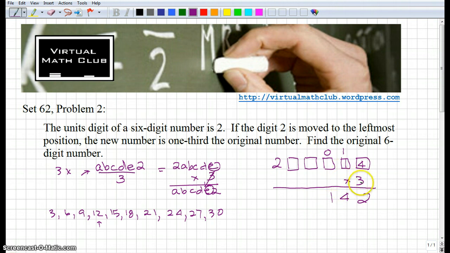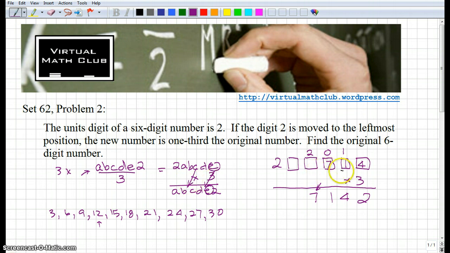So now, something times 3 plus 0 ends in 1. It looks like the 21, so that's 7. When I do that, I get 21, I have a carry of 2. Carry this over, because all I've done is move the digits, so you can see that these digits are just shifted over.